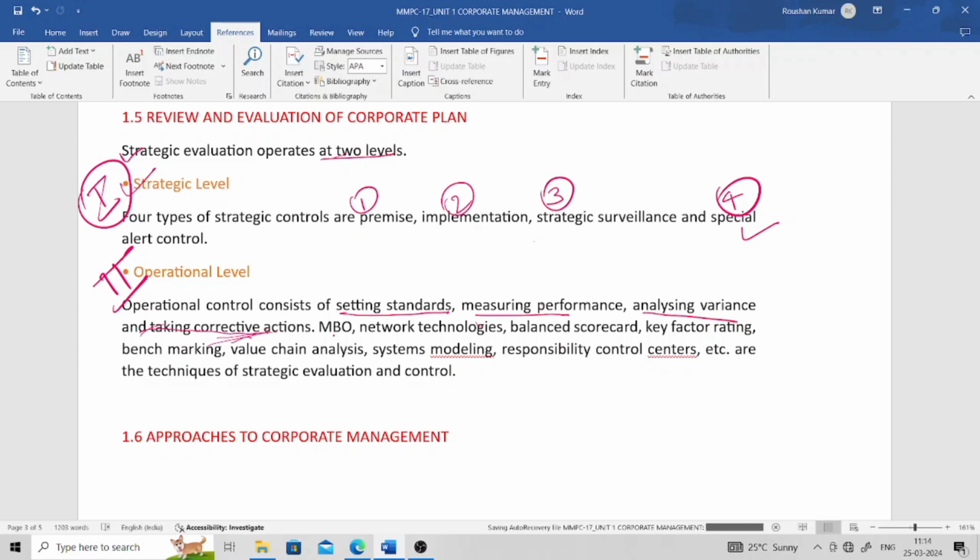So here you have MBO, management by objectives, network technology, balanced scorecard, key factor ratings, benchmarking, value chain analysis, system modeling, responsibility control center, etc. These are the techniques of strategic evaluation and control.